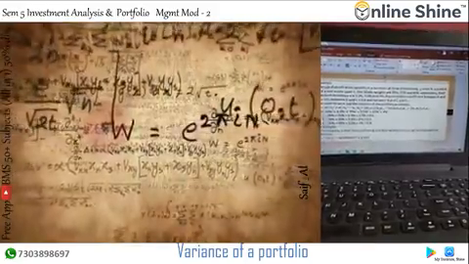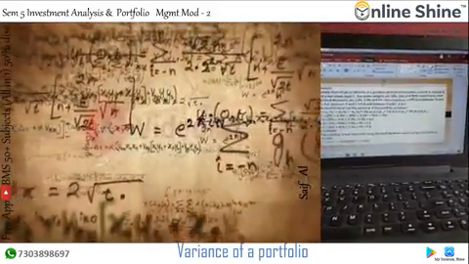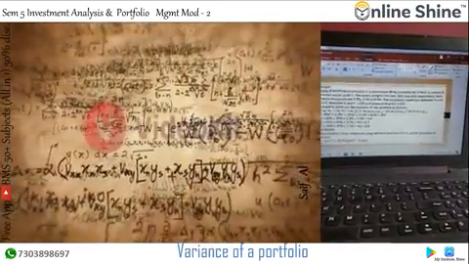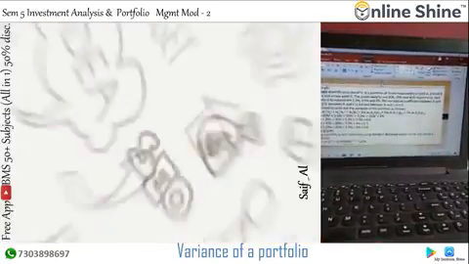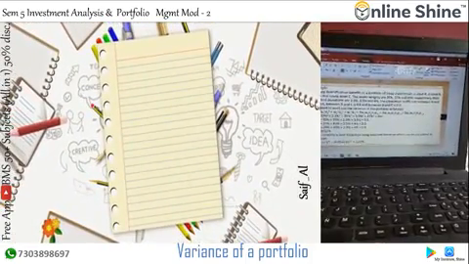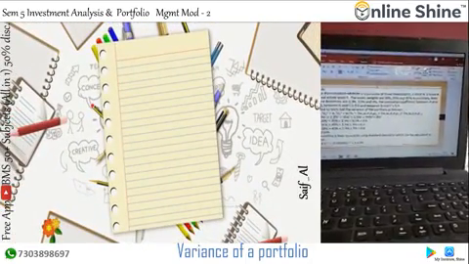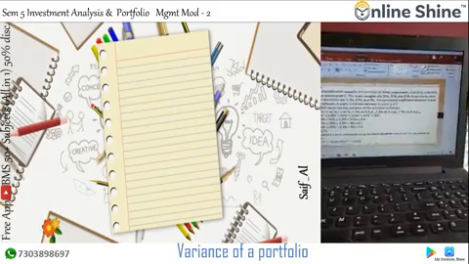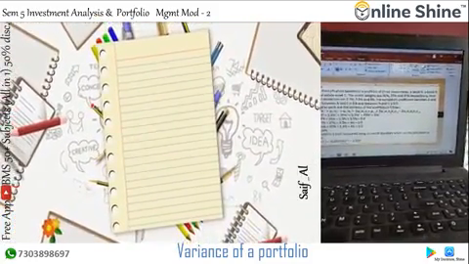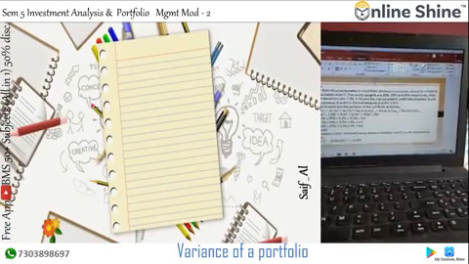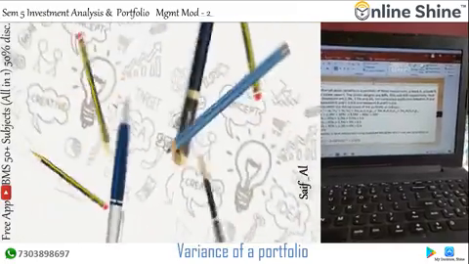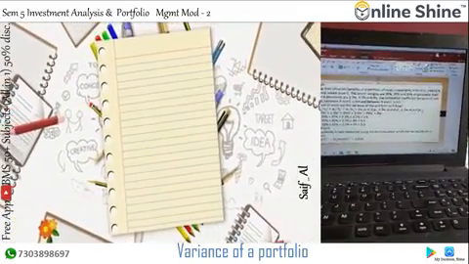So we just put the formula: sigma square equals W1 square sigma 1 square plus W2 square sigma 2 square plus W3 square sigma 3 square plus 2 W1 W2 sigma 1 sigma 2 rho 12 plus 2 W2 W3 sigma 2 sigma 3 rho 23 plus 2 W1 W3 sigma 1 sigma 3 rho 13.